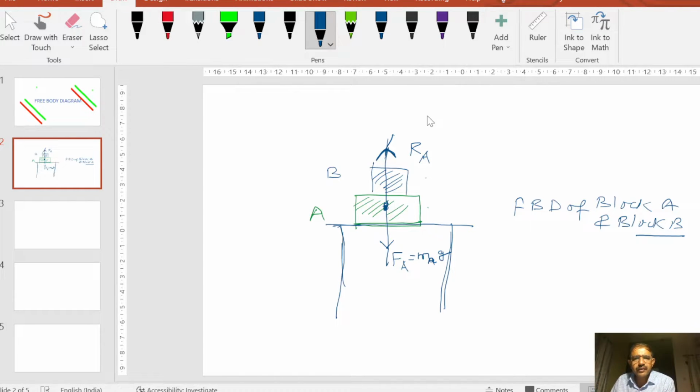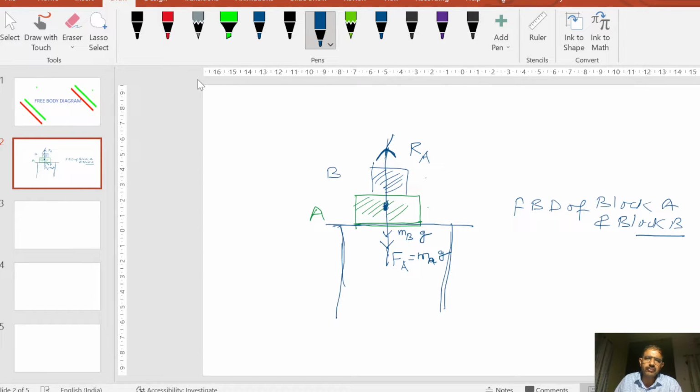Now one more thing is that block B also provides a force on block A due to its weight, and if its mass is Mb, then the second force is Mbg. So these are the two forces acting on this block, Mag and Mbg in the downward direction and Ra in the upward direction.